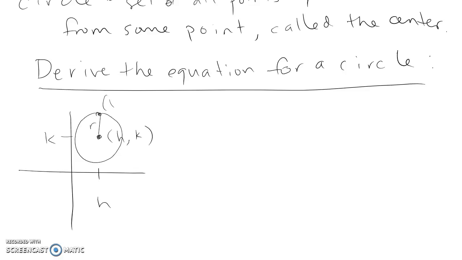And the point where the radius hits the circle will be (x, y). Now (x, y) can stand for any point on the circle. Notice that this point that I have labeled here, (x, y), is one of those points, but we can imagine it being any point on the circle. So a point here, anywhere.